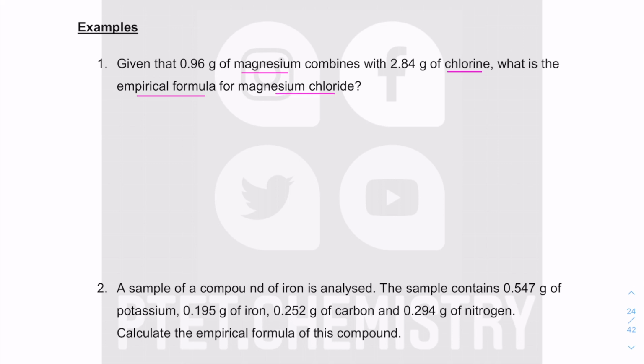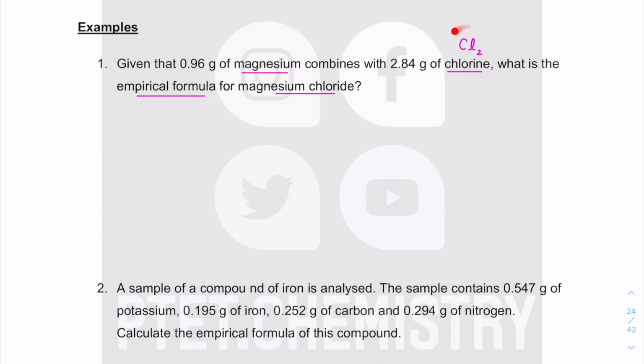Okay, so I don't really like the way this question has phrased itself, but assuming that Cl2 is how chlorine normally exists, remember that we are trying to find the empirical formula.